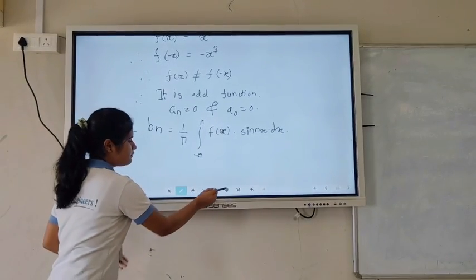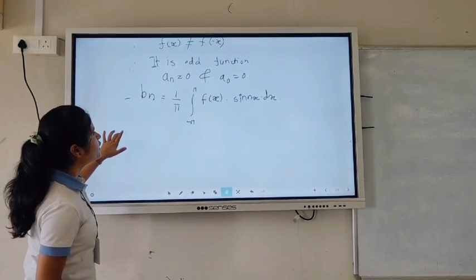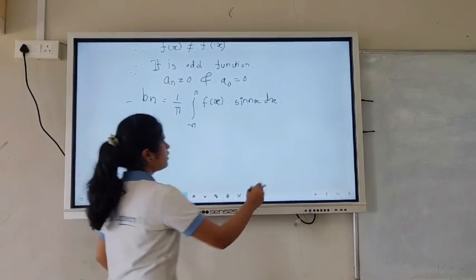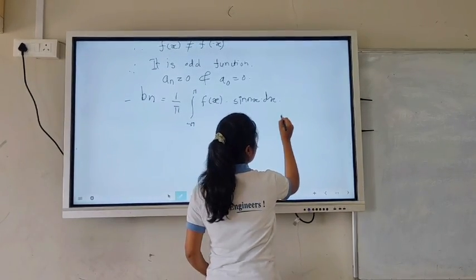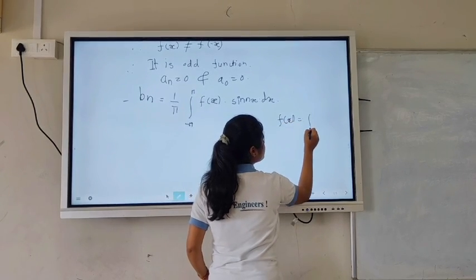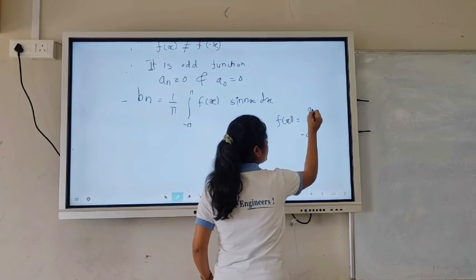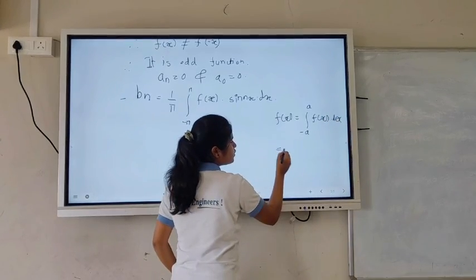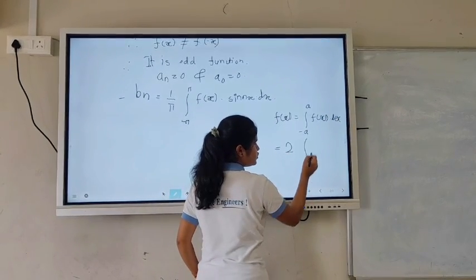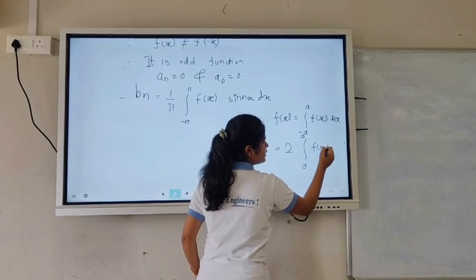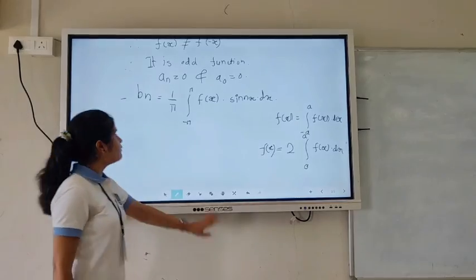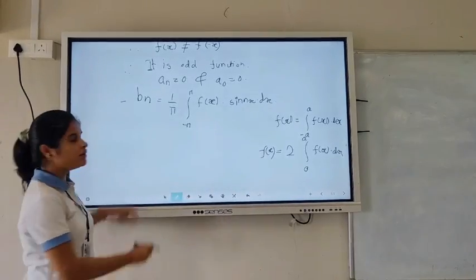For our simplification, we will use the definite integration property, and we also put the limit like this, 0 to a, f(x) dx. So I put this limit here.